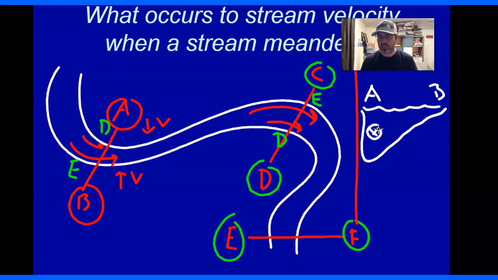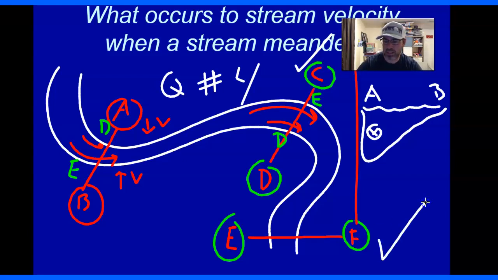Now, can you guess what it's going to be like at CD? Can you guess what it's going to be like at EF? I'm not going to do those for you. This is going to be question number 4, guys. I want you to draw me the profile of the stream bed for profile CD and for profile EF.